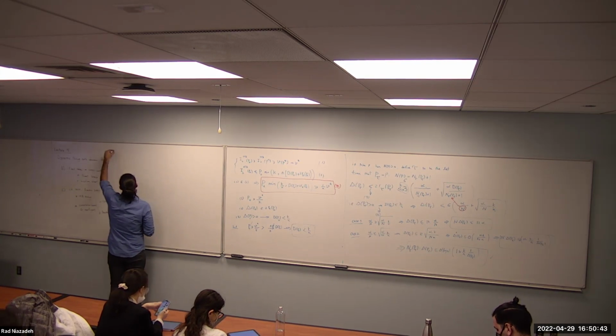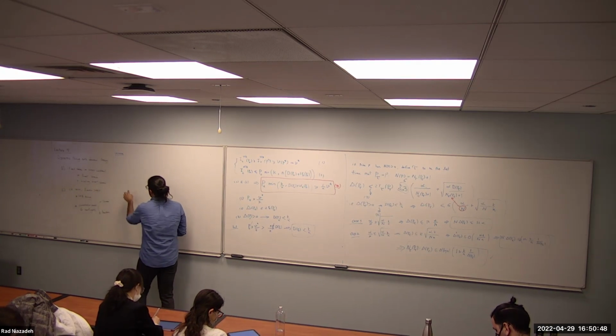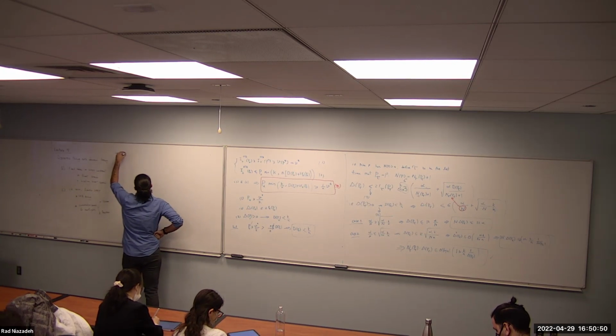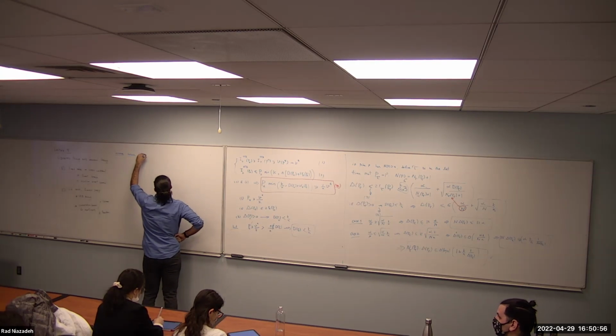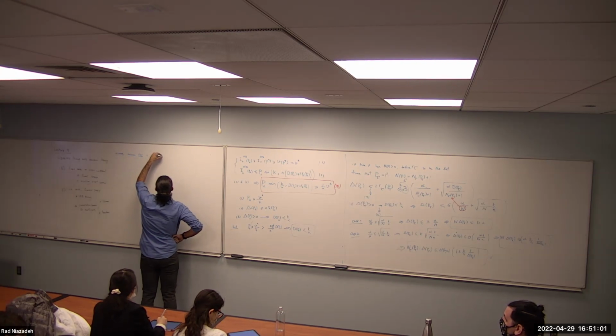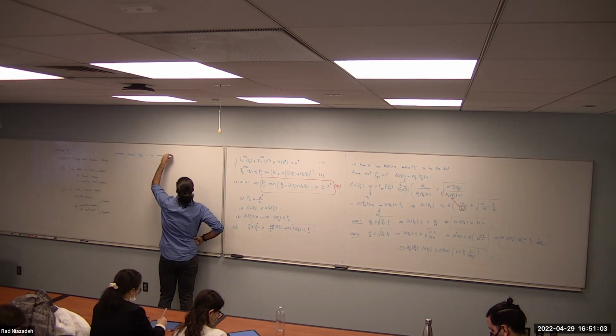But before, I need another lemma. Suppose rev is the revenue of our pricing strategy, the revenue of UCB pricing.